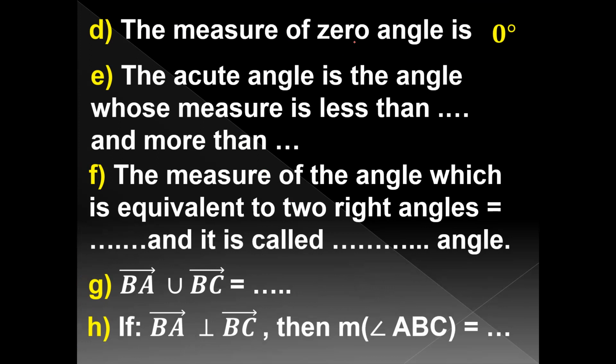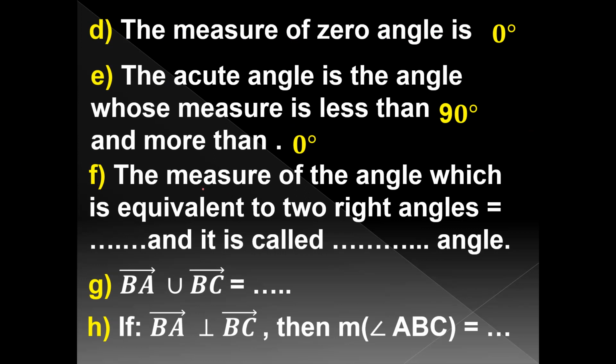The acute angle is the angle whose measure is less than 90 and more than 0. Now, the measure of the angle which is equivalent to two right angles. Pay attention.